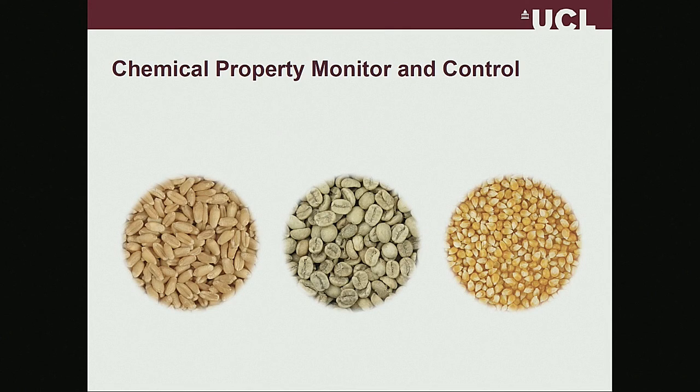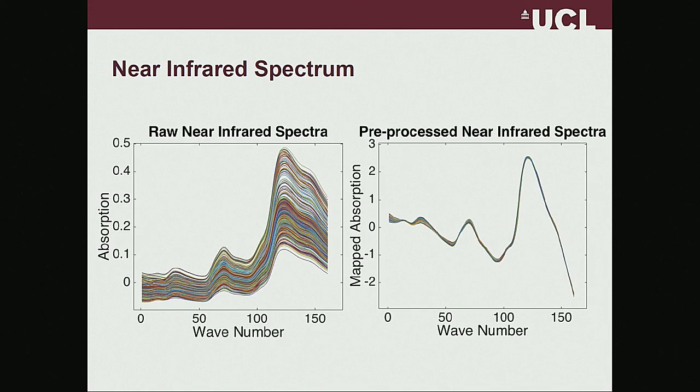So basically, we apply image analysis methods on some food material, and we are trying to predict the quality and safety parameter of some food material like wheat, coffee beans, and maize, where we can control the safety, which is important, and we can gain value from better understanding of the quality.